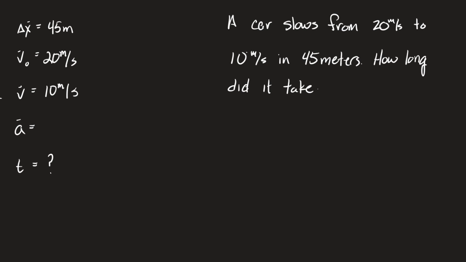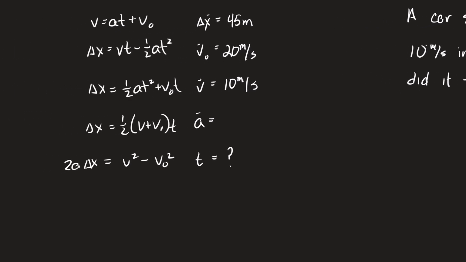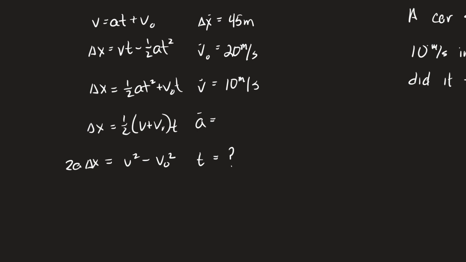Now, we weren't given the acceleration. So what I did is I wrote all the motion variables out. And by writing them all out, what I've done is I've organized them. For example, this is the one that has all 4 motion variables in it, except for this one. By writing it this way, I will point out I wasn't given the acceleration. So I can't use it to solve for my answer.